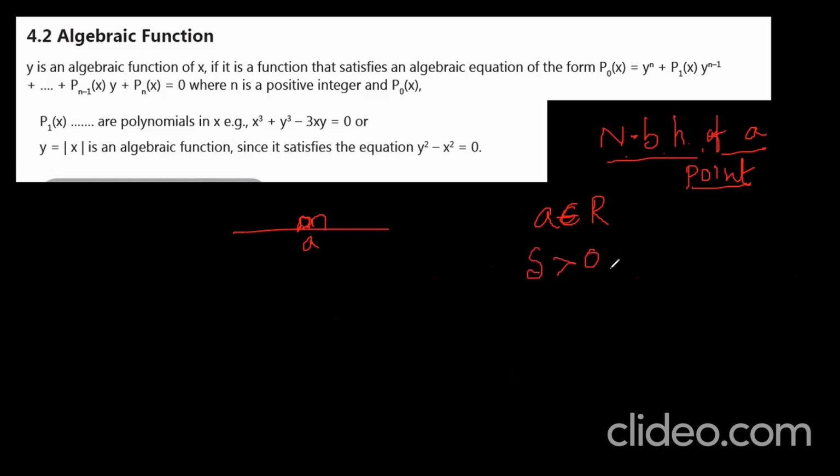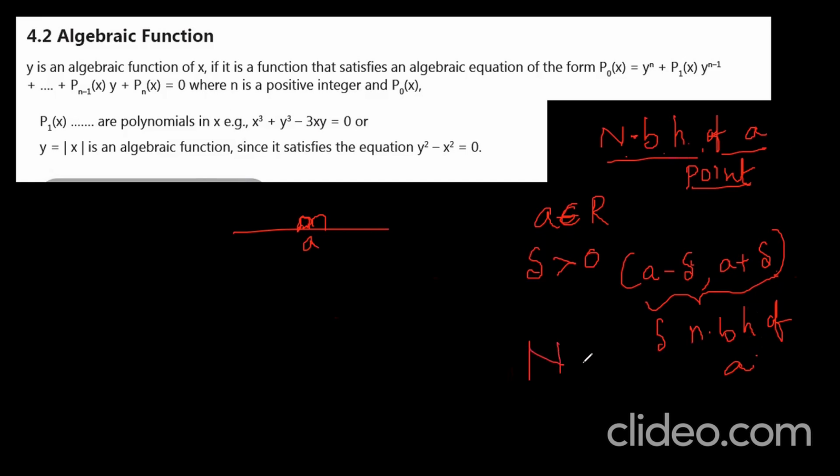If delta is greater than 0, then the open interval A minus delta, comma, A plus delta, this is what we call the delta neighborhood of point A. It is denoted by N delta of A. A is called the center and delta is called the radius of the neighborhood.